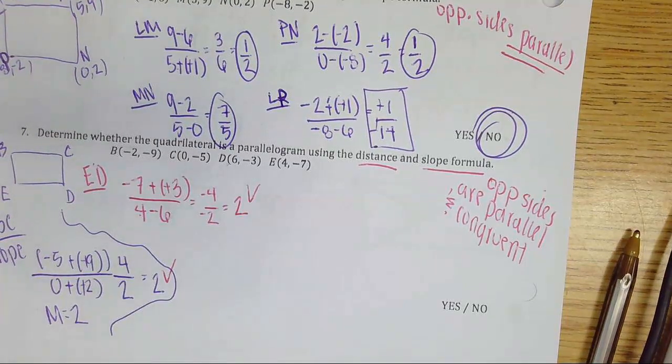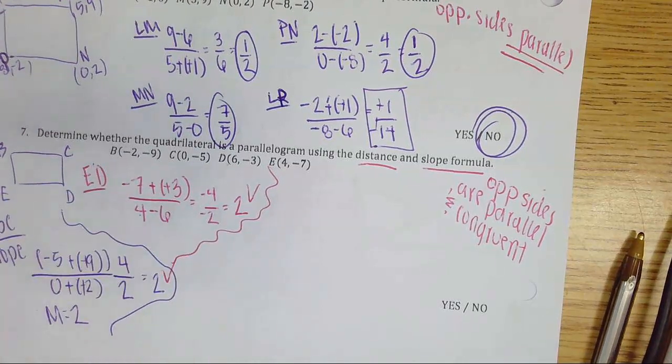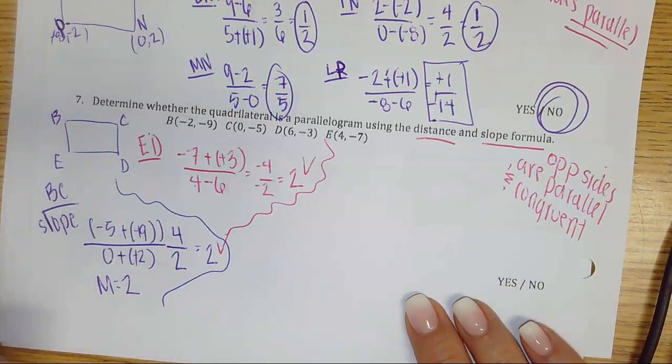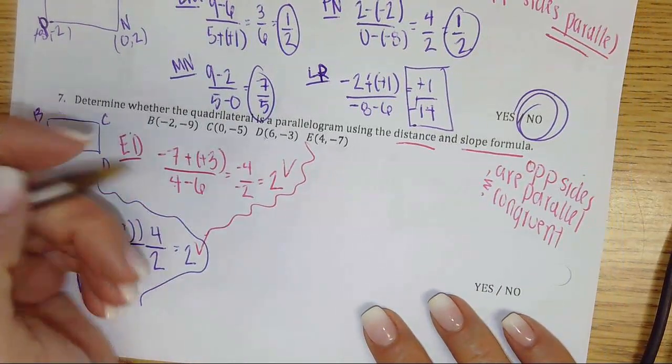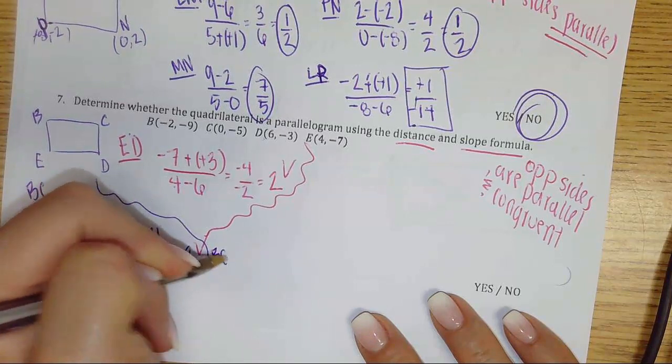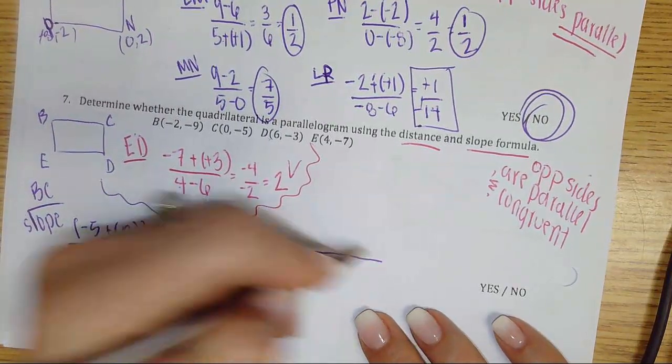Now we need to figure out the distance, so let's do the distance for BC. Okay, here we go. These are long problems. Yay for long problems.